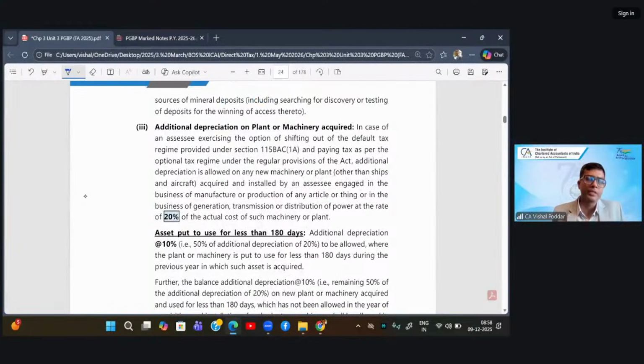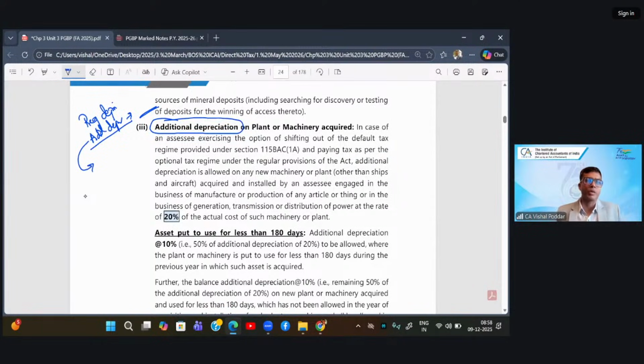Now, besides the above depreciation, which is your regular depreciation, you have something called additional depreciation. So regular depreciation is allowed to all, while additional depreciation is allowed only to a few people subject to some conditions. Now, we are going to study this additional depreciation.